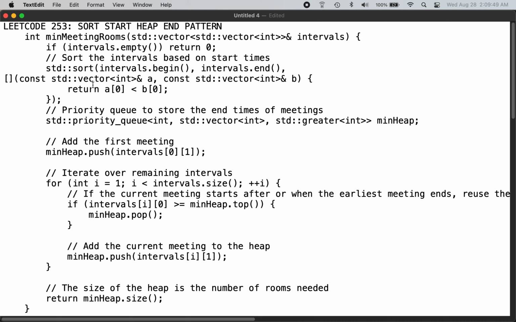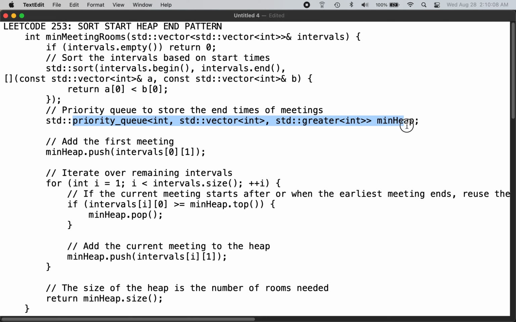So a0 is less than b0, so you are sorting based on the first element of the tuple or pair, which basically means the start times. You are sorting the intervals based on the start times.